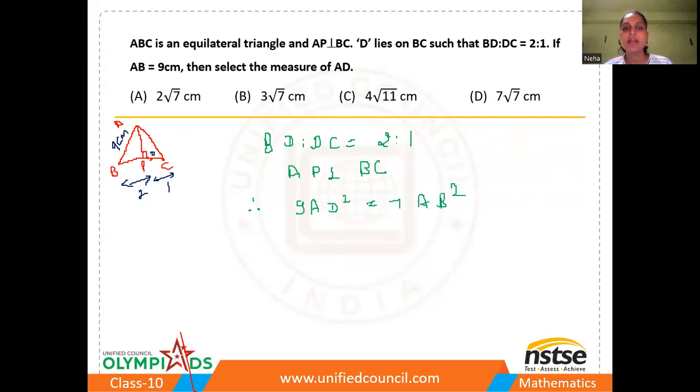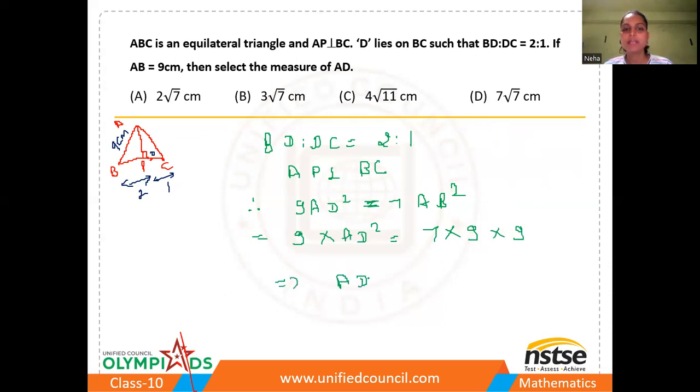This thing you have already proved in your state board books, right? So 9 multiplied by AD square is equal to 7 multiplied by AB square. Now AD is given equal to 9, right? So 9 square, that means I can write 9 multiplied by 9, correct?